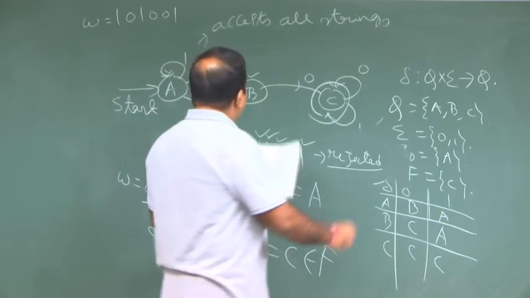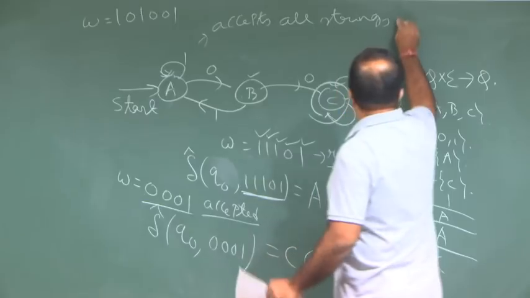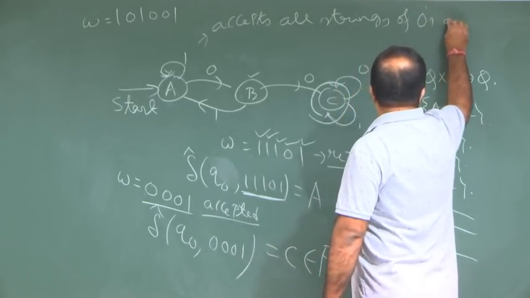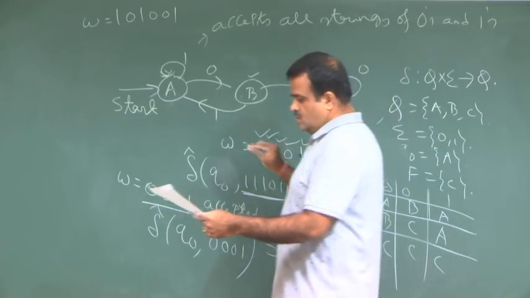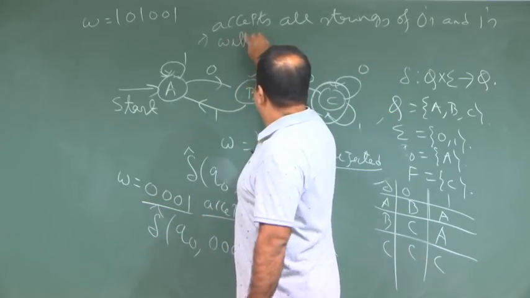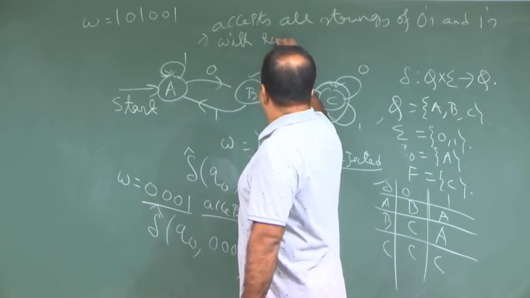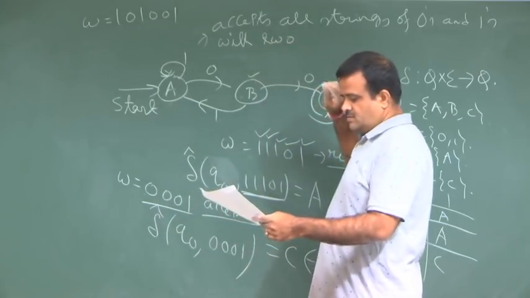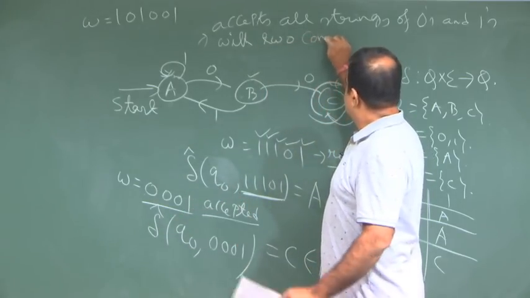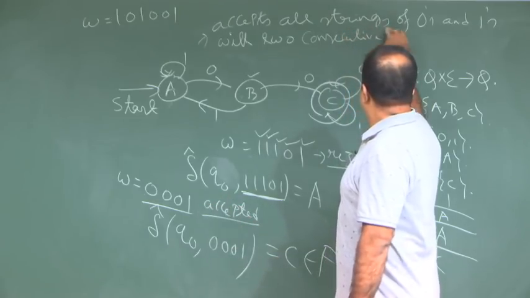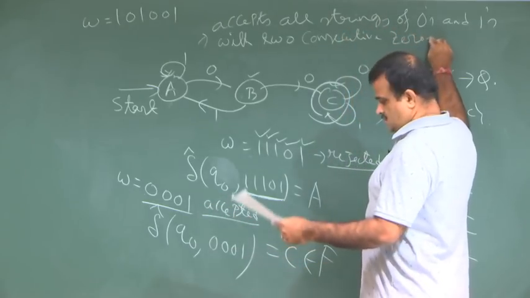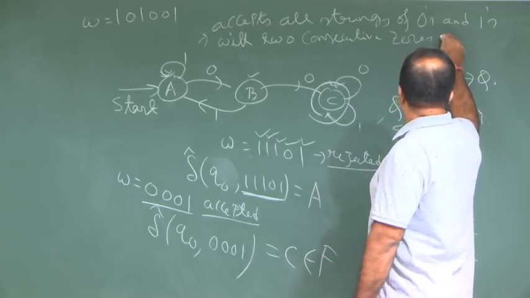So, it will accept all strings of zeros and ones with 2 consecutive zeros somewhere, we do not care where.